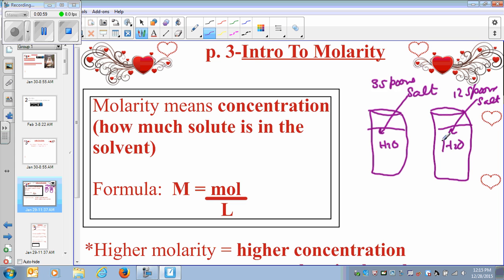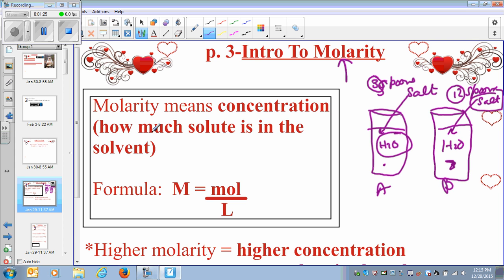So of course, this one is going to be much more salty than this, because here you have 3 spoons of salt, here you have 12 spoons of salt. So because the concentration of salt is much more in glass B compared to the concentration of salt in glass A, that concentration is known as molarity.